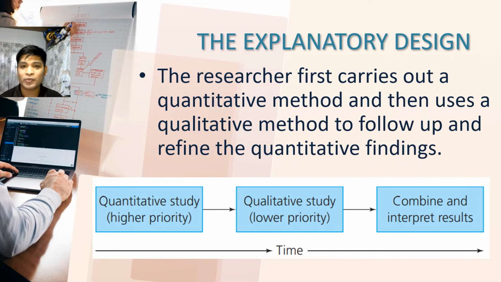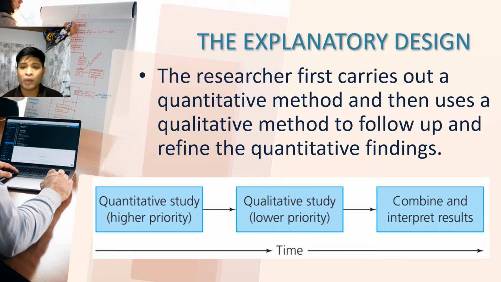The second one is the explanatory design. A researcher first carries out a quantitative method and then uses a qualitative method to follow up and refine the quantitative findings. A researcher may do a quantitative study on occasion, but the results may need to be supplemented with other data.